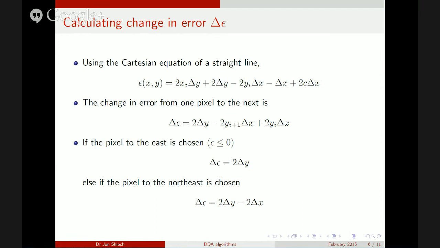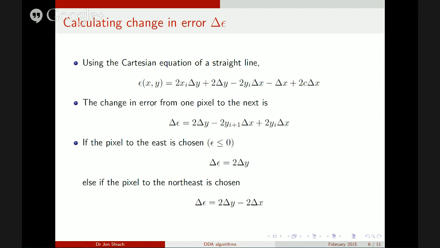Okay, so I've got quite a bit to cancel out here. If I expand this bracket out, I get 2xi delta y, but then I'm subtracting 2xi delta y. So that's going to cancel out. Okay, so that xi there cancels out. But then I'm left with 2 delta y. Plus 2 delta y minus 2 delta y cancels out.